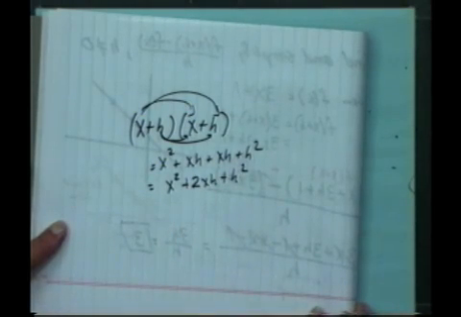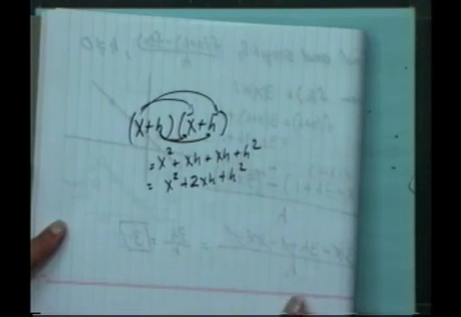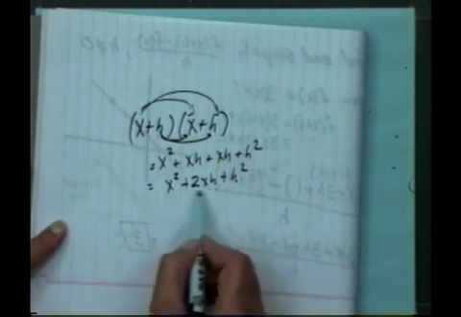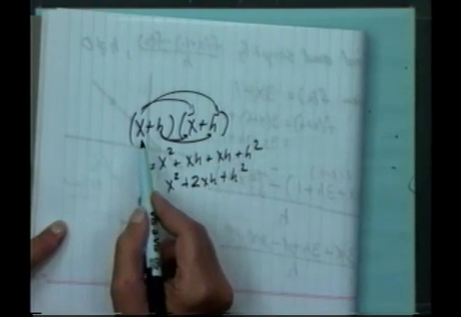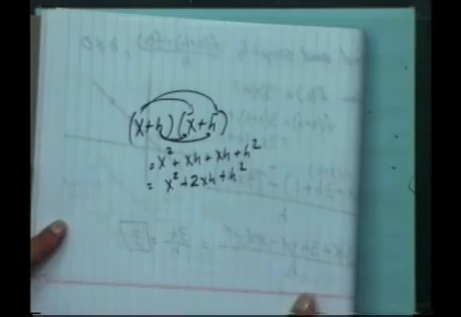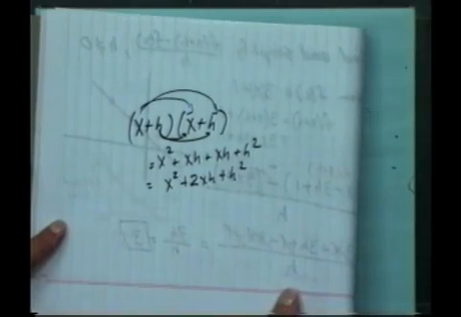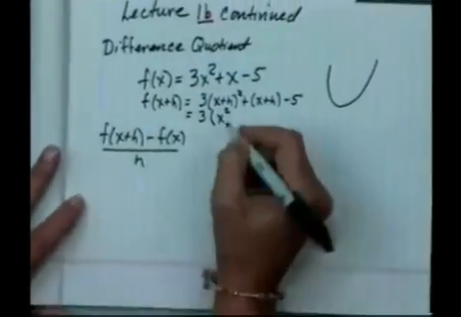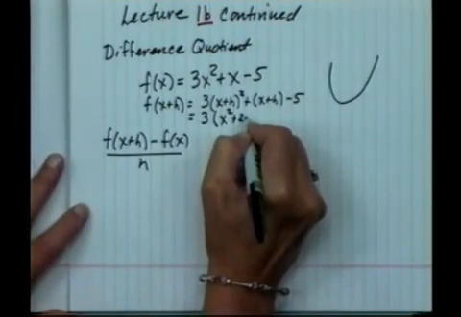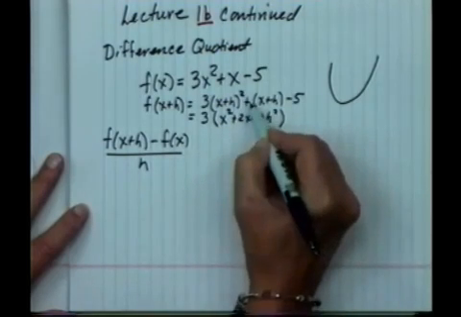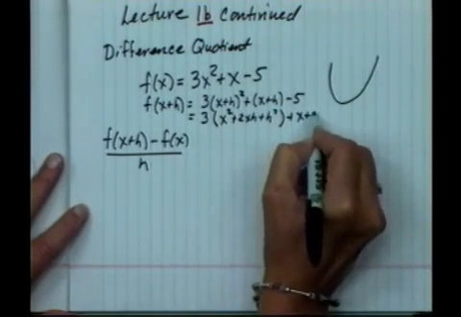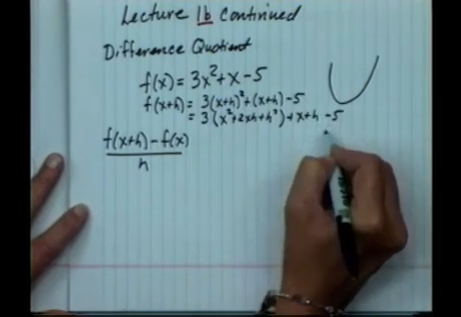So x plus h quantity squared, squaring a binomial, gives a perfect square trinomial, which factors to x plus h quantity squared. Okay, so we'll put in x squared plus 2xh plus h squared plus x plus h minus 5.